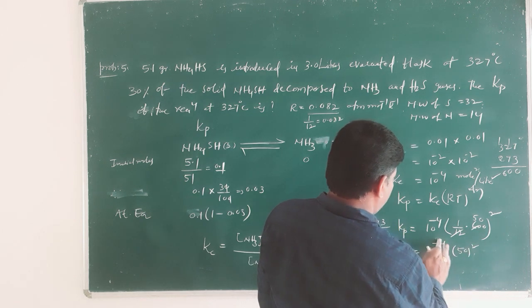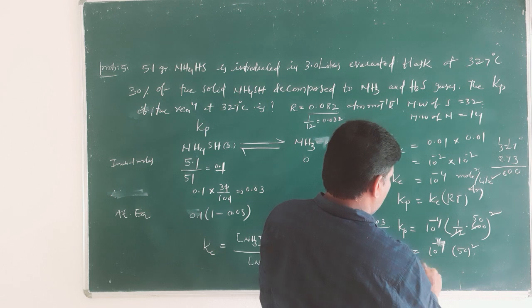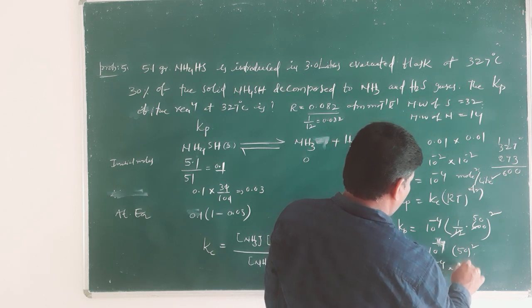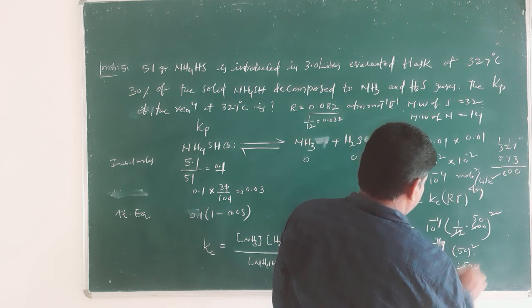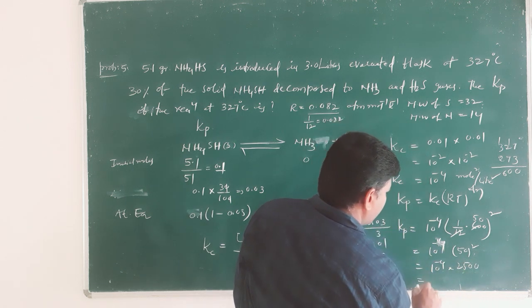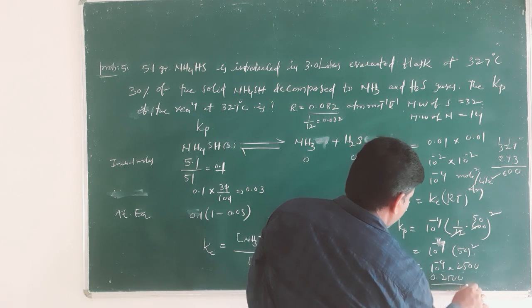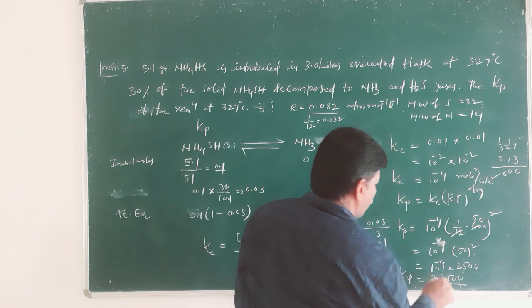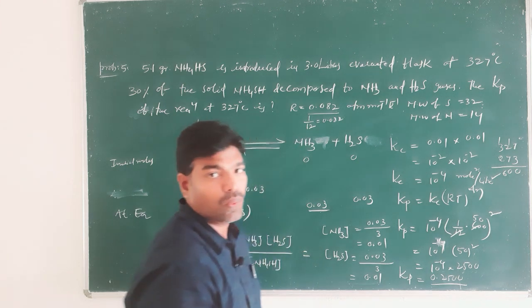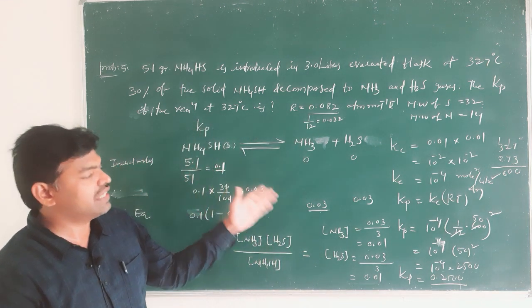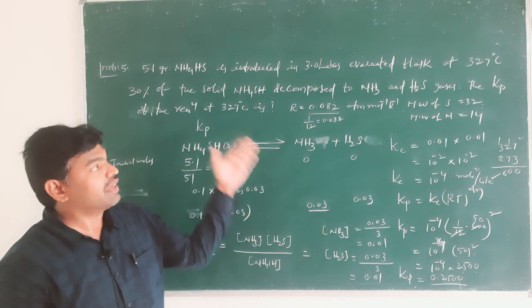So 10 power minus 4 into 2500, which comes out to be 0.2500. So Kp is 0.25. Okay, so in this way we can calculate the Kp from Kc value.